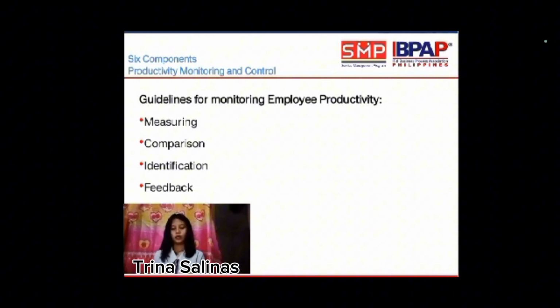And the comparison says that in order to do this, you need to have an idea of what good, sufficient, and low levels of productivity are. These levels are defined by performance standards, and you will compare your plan for monitoring productivity against the actual results you get.